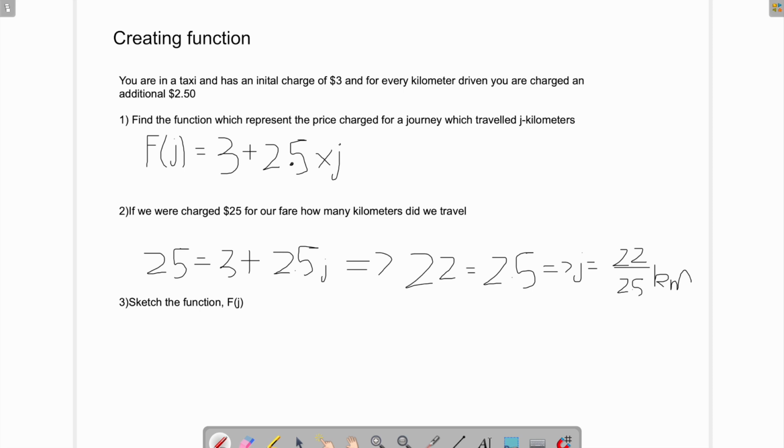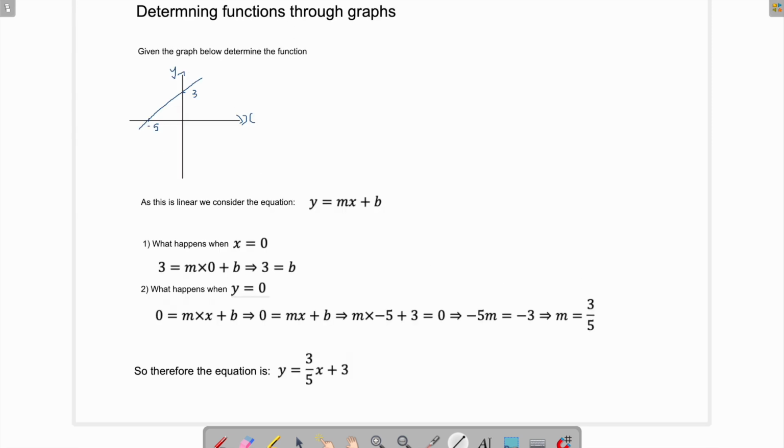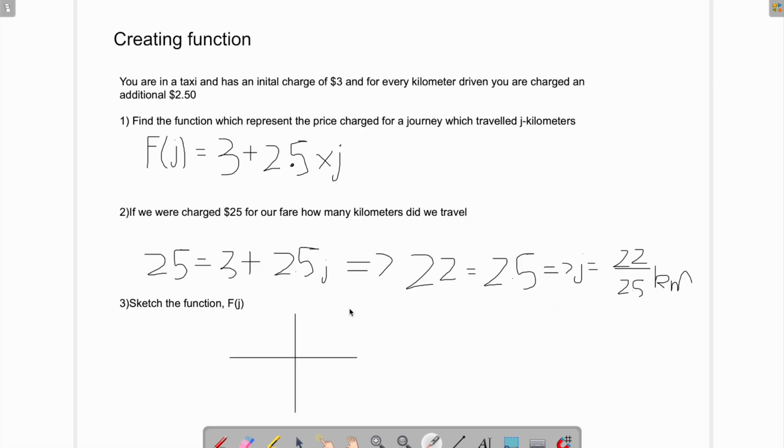Now, simply put, the question is asking us to sketch the function, so the graph. So let's do this here. Going back to our previous page, remember we had a linear function and had this y-intercept, x-intercept, gradient, and the constant. So let's consider the case where f of j is equal to 0.